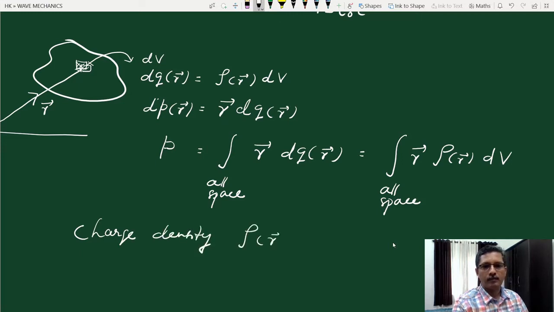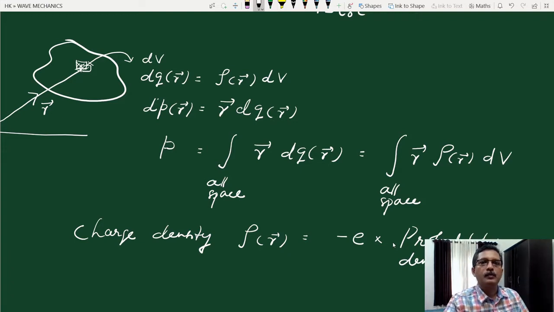Rho of r, the charge density at r, we can write as the electric charge of the electron. We are talking about the charge density of the electron cloud, right? So this is the electric charge of the electron cloud, which is minus e, times the probability density of finding the electron at the position vector r, at the radial distance r from the origin.